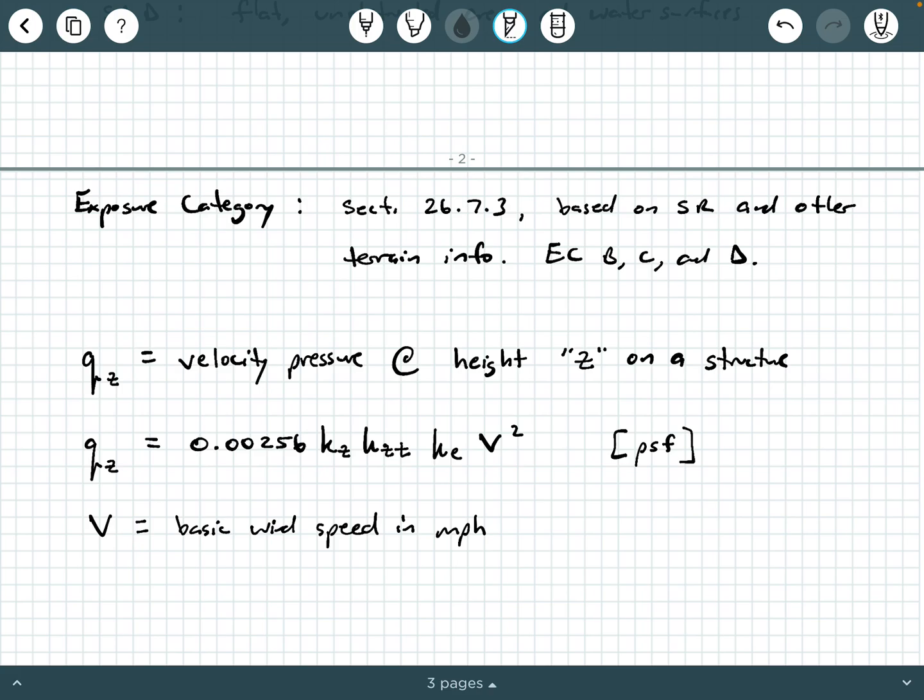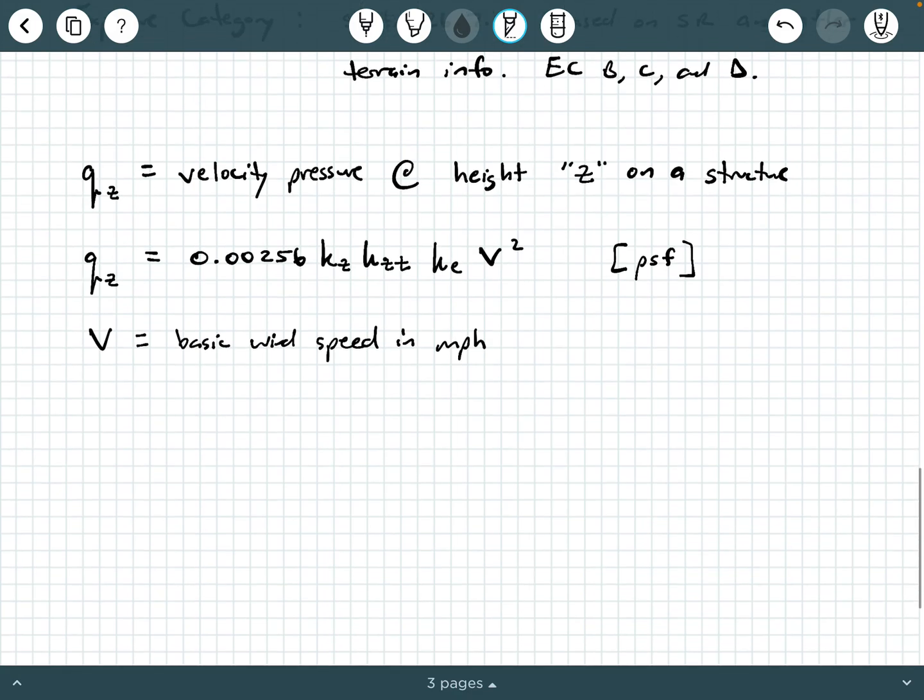So when you insert the basic wind speed in miles per hour here, and don't forget it's squared in this formula, and you insert these other coefficients here, you will end up popping out this value of Qz in PSF, all right? Now let's talk about these other factors here, okay?